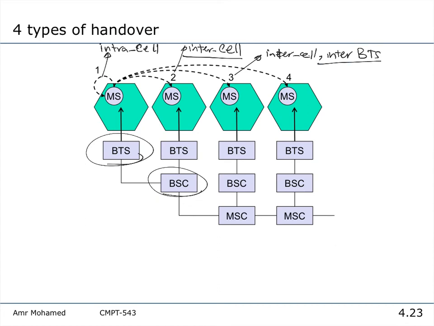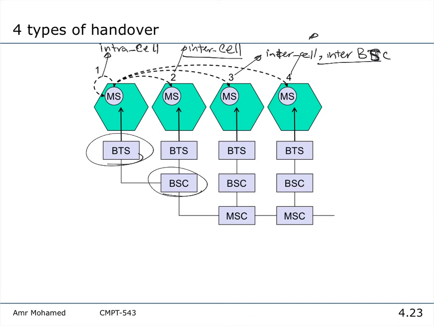So if here I use inter-cell BTS, okay, then I have to engage the BSC, sorry. So the fourth type, this is the inter-cell. So I need to move from one cell to another, but those two cells are controlled by different BSCs.